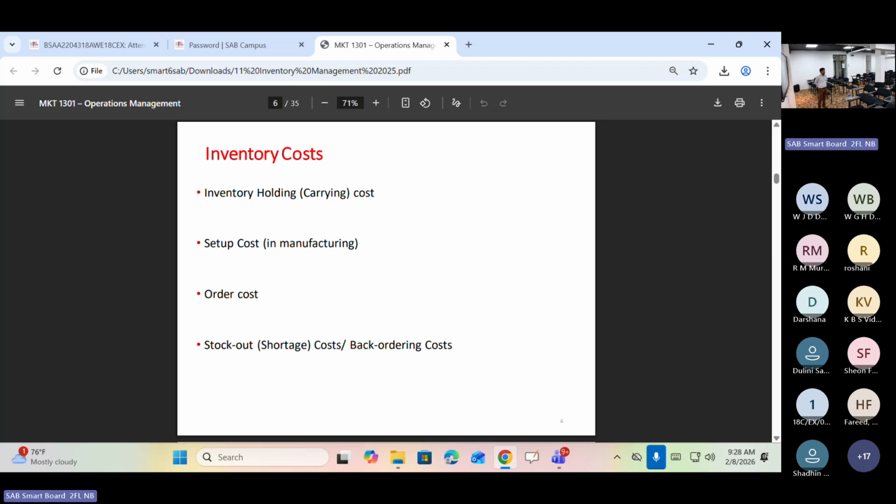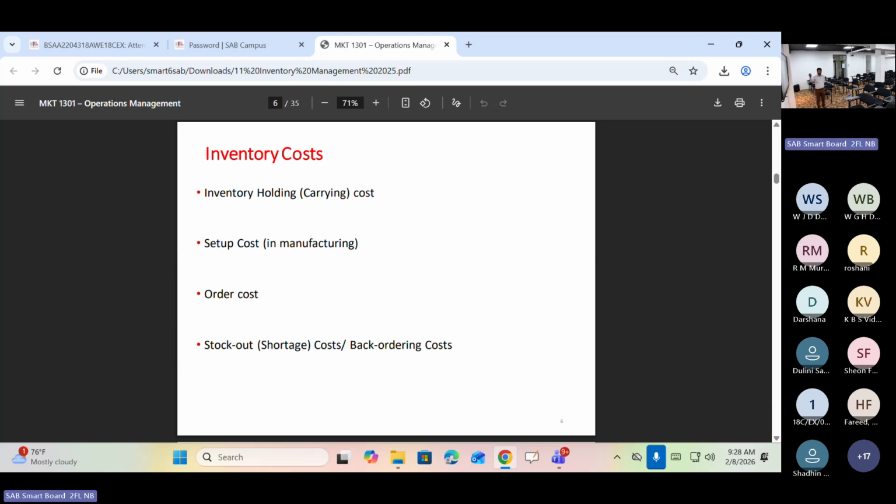So if a factory orders many times, the frequency of ordering, the more orders you place, the higher the cost. If you can minimize the number of orders, you can minimize ordering cost. So that is the idea.